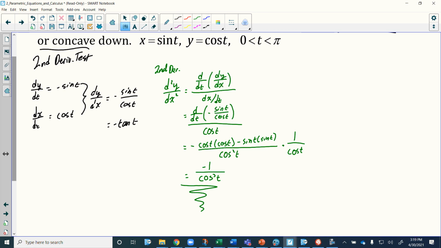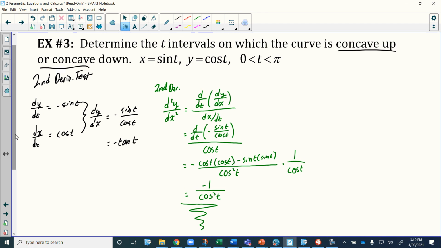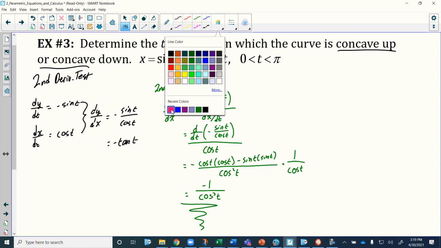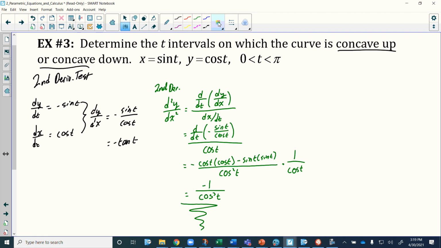Now we need that second derivative in order to determine on what intervals it is concave up or concave down. So we have to do a candidates test here. We need to identify the upper and lower bounds of the interval. The lower bound is 0 and the upper bound is pi. But there's got to be some other place between 0 and pi where something will be 0.